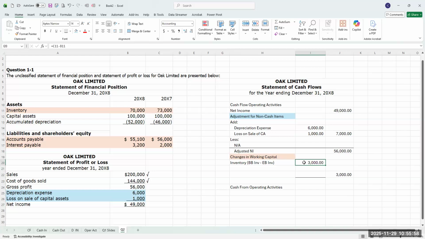What that means to us? Beginning balance of the inventory was $73,000. Ending balance is 70. That means we sold that inventory. Instead of 73, now we have 70. So $3,000 of our inventory beginning balance has been sold.